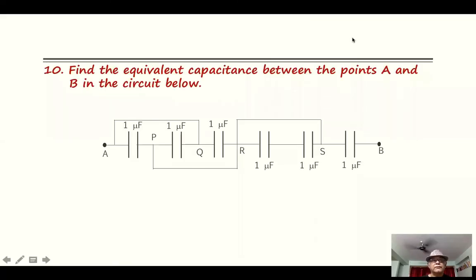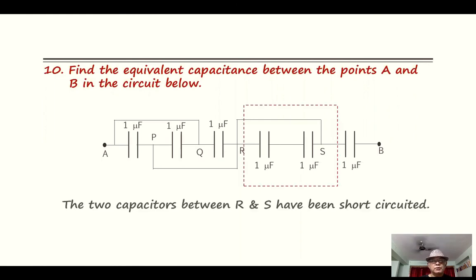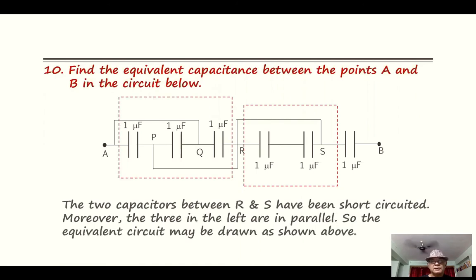Number 10. Find the equivalent capacitance between the points A and B in the circuit below. The two capacitors between R and S have been short-circuited. Moreover, the 3 on the left are in parallel. So, the equivalent circuit may be drawn as shown above.